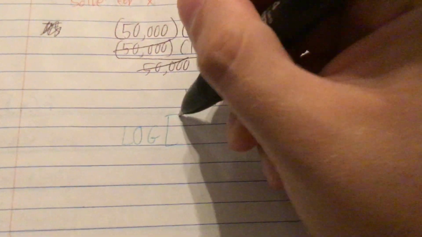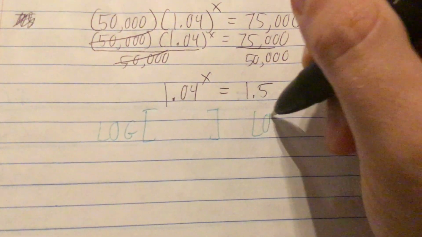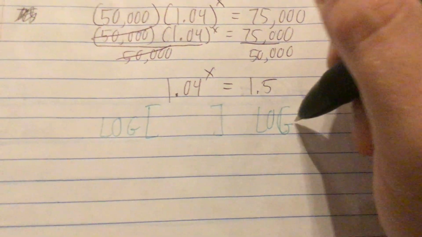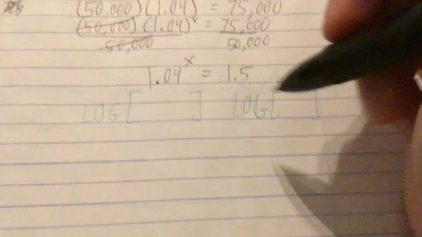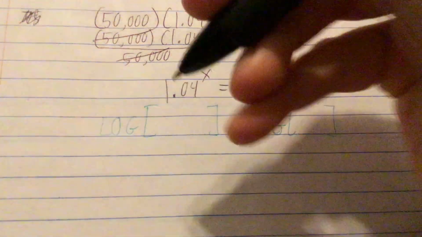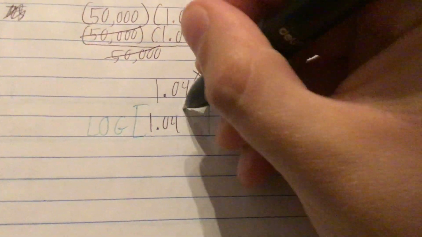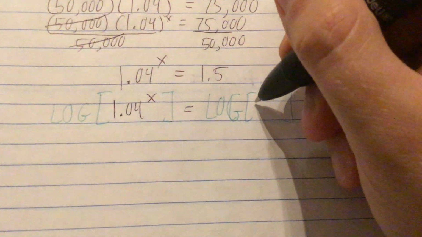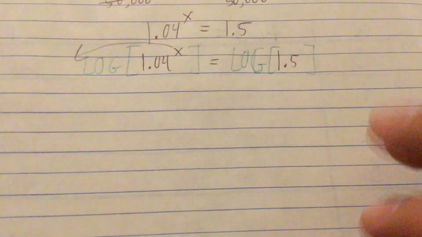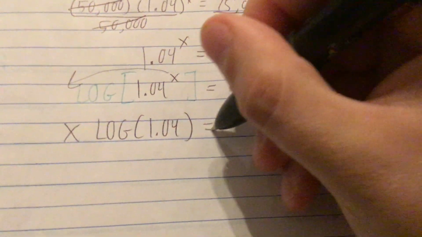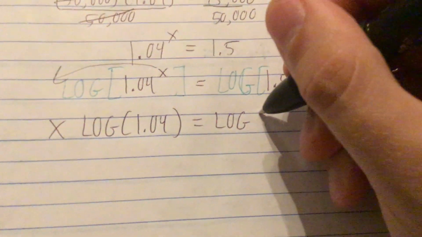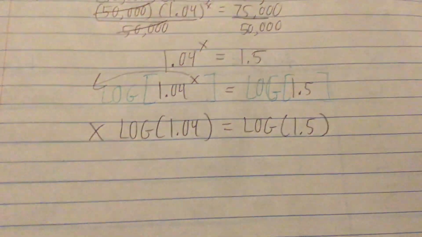what I'm going to do is I'm going to apply log to both sides of the equation because I want that exponent to fall. So now that I've got log of 1.04 to the x power is equal to the log of 1.5, that exponent is going to fly to the front, leaving me with x log of 1.04 is equal to the log of 1.5.